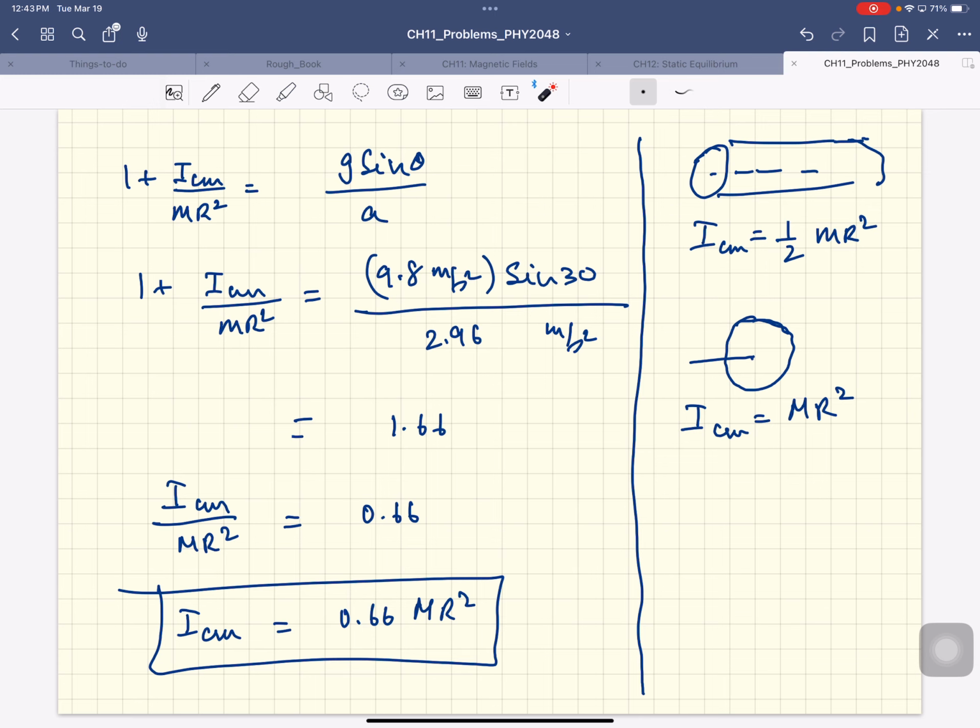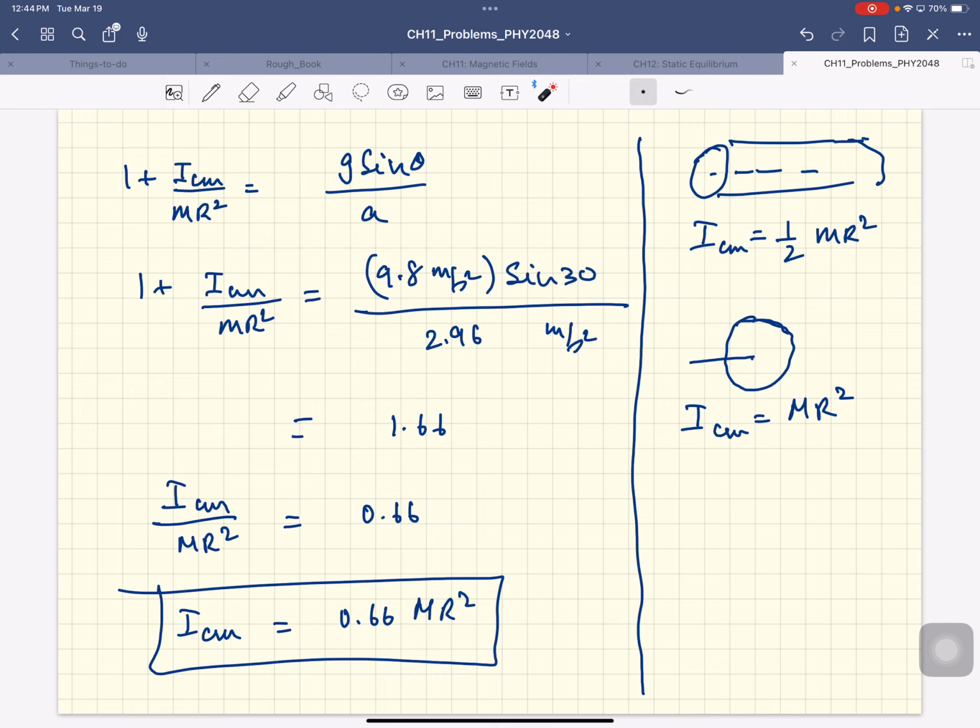For your cylinder, this was 0.66. Greater than 1/2, less than 1. So the mass is distributed more toward the edges. It's not quite a bicycle wheel, but it's closer to a wheel than a solid cylinder.